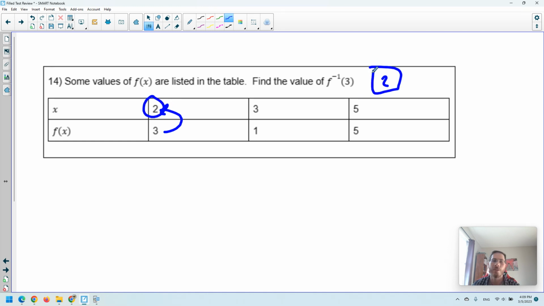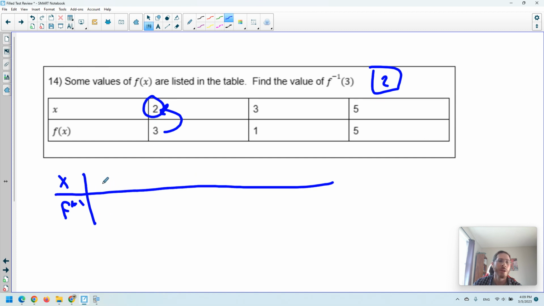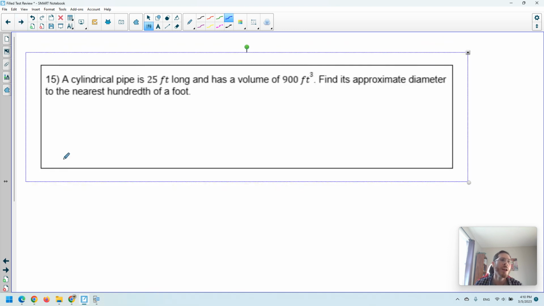It's just realizing that if I wanted to find the inverse, not derivative, inverse, f inverse, what I would do is flip these columns. 3, 2, 1, 3, 5, 5. So if I plug 3 into the inverse, I should get 2. So again, remember, inverse, we're just flipping the x's and the y's, or in this case, the inputs and the outputs. So this is what our table would look like if we flipped them.